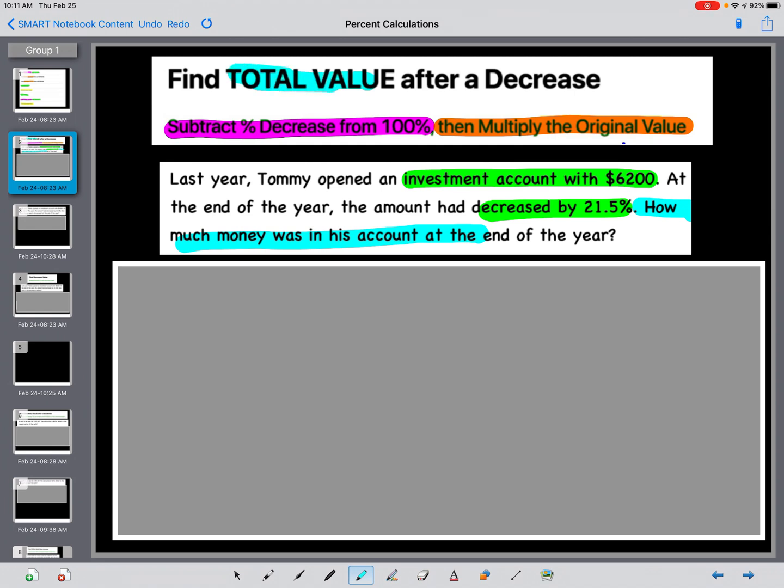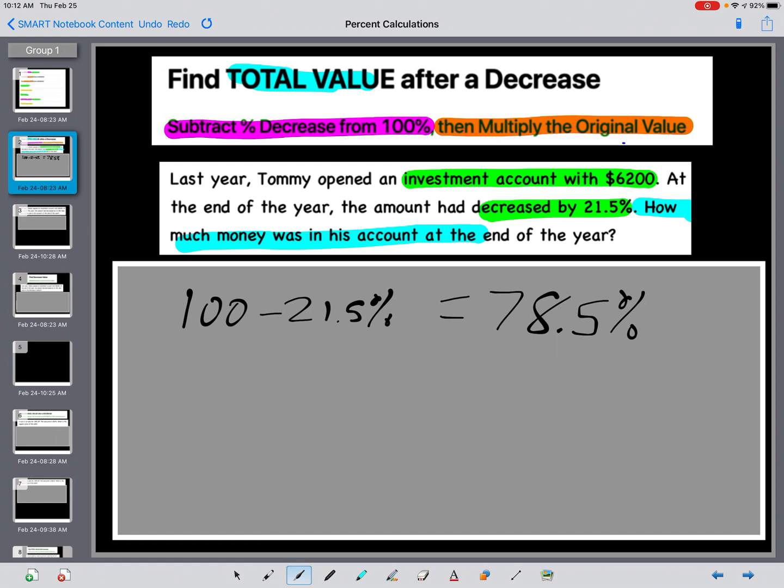So here we're going to use this calculation. We're going to subtract that 21.5% from 100 first. Of course, that gives us 78.5%. So essentially, the value today is worth 78.5% of what it was. Now just follow the formula here.